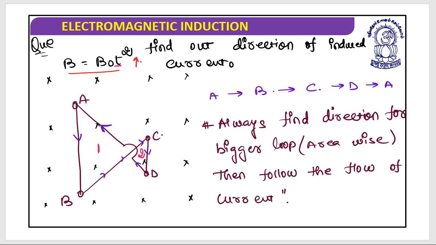Always keep this in mind. Is it clear that you always need to follow the bigger loop? If that is followed, things will be done very easily. Is it clear? Great.